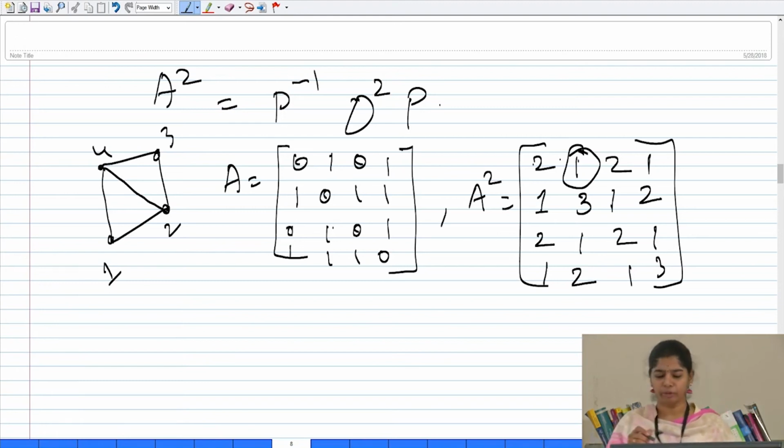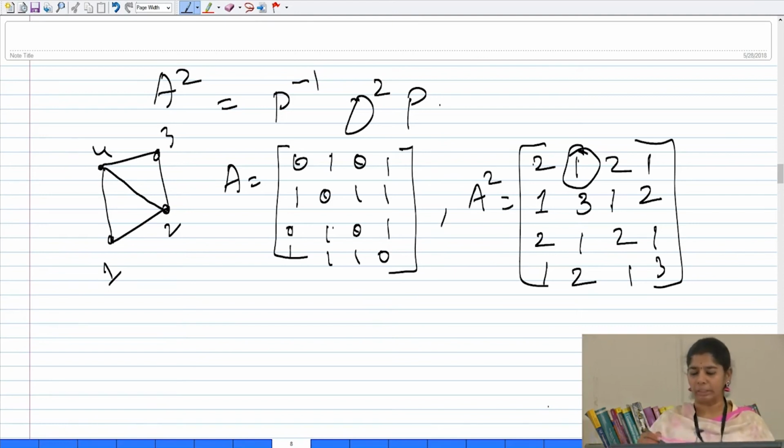The diagonal entries are going to be equal to the degree of every vertex, because from that vertex I can go to a neighbor and come back, so it is a walk of length 2 always. So, diagonal entries would be nothing but the degree of the vertex, and every off diagonal entry will give you the number of walks of length 2.